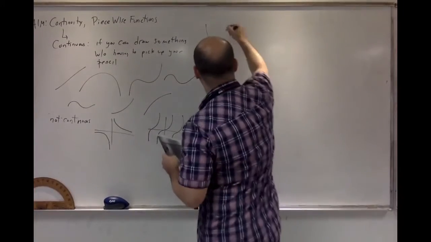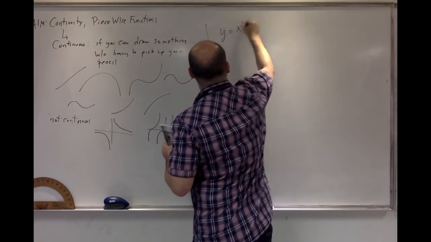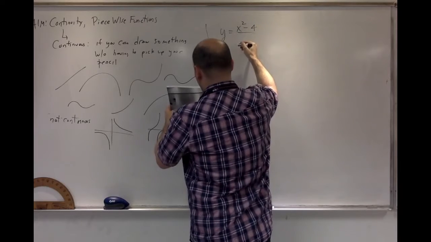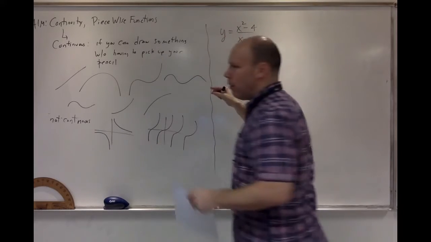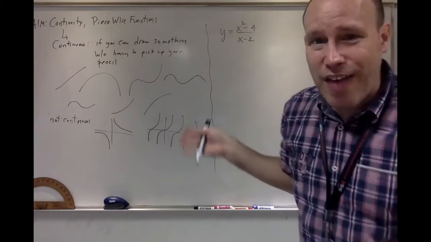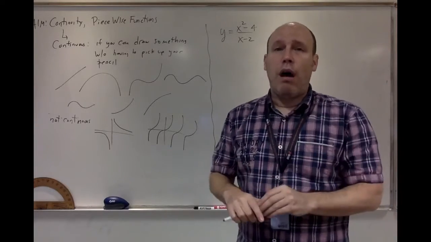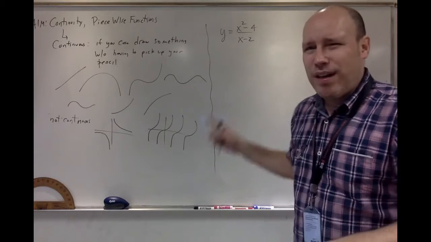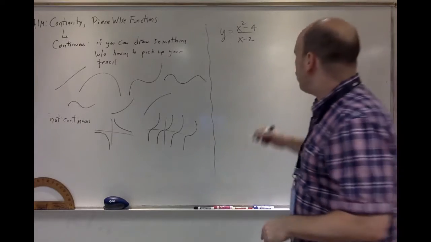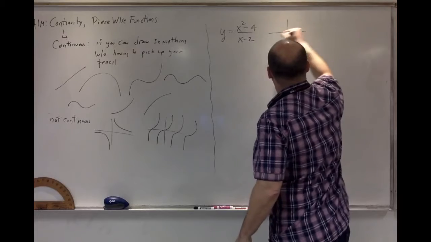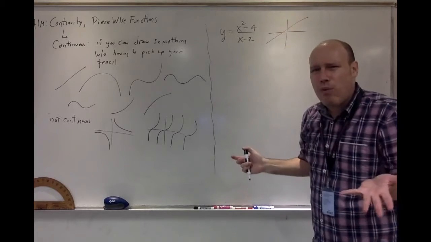Let's explore the function y equals x squared minus 4 over x minus 2. And so you look at that, you say, okay, Mr. Eller, that's part of the stuff we've been doing, quadratic over linear. But when you put it in Desmos, it just looks like a line. You're like, what's going on there?